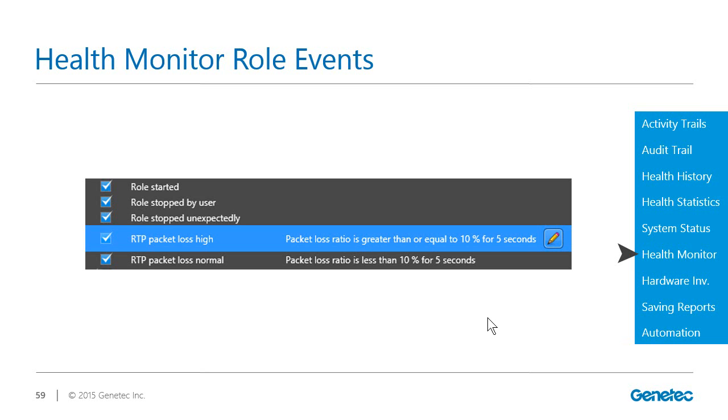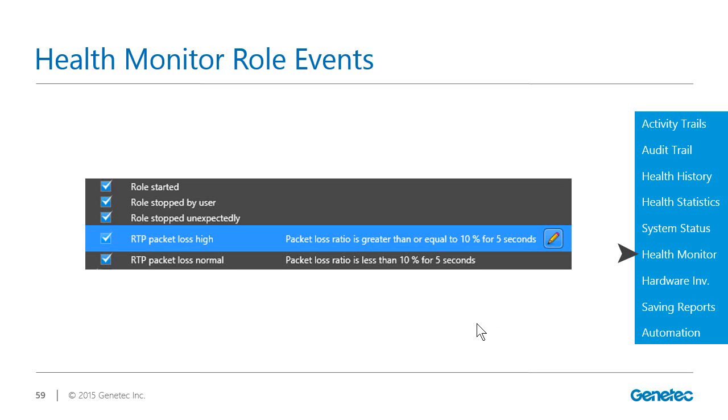From the health history report, we saw the errors, warnings, and information events that come up for our entities. Now some of these are based on a set of variables or information that determines when the event will be sent. For instance, we don't want to send an event every time we see RTP packet loss, or a slight drop on the network would cause a whole bunch of events to show up and basically flood our reports.